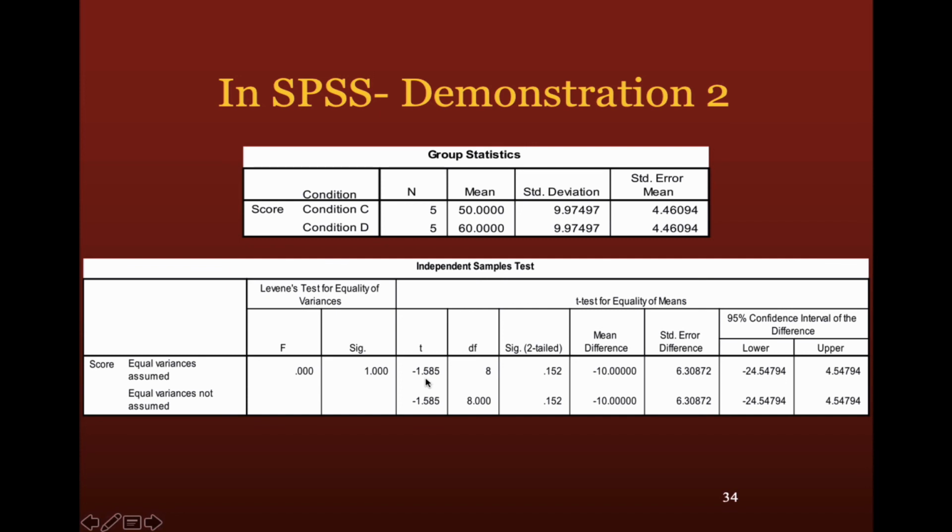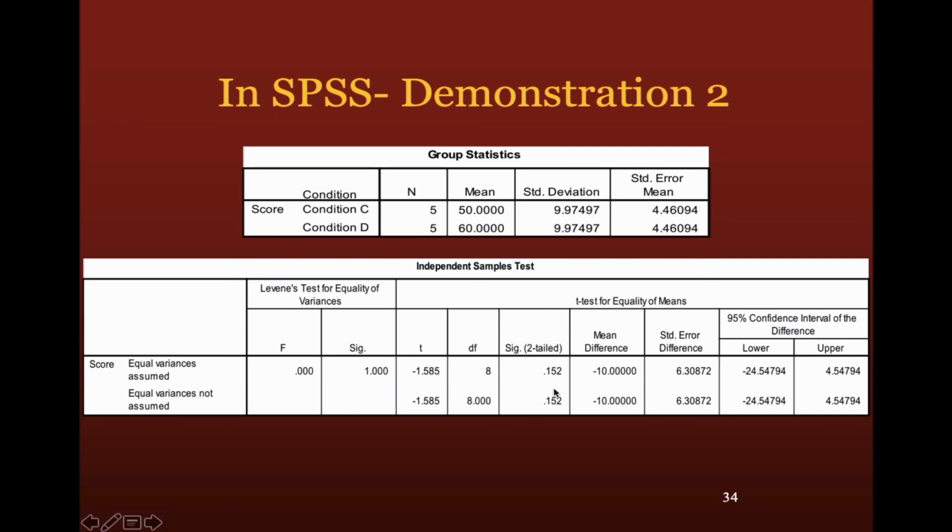So we have a t-value of negative 1.584. And that's saying our degrees of freedom is going to be 8. 8 because it's the number of participants minus 2. So we have 10 participants, 5 in each condition. So 10 minus 2 is 8. Those are degrees of freedom.